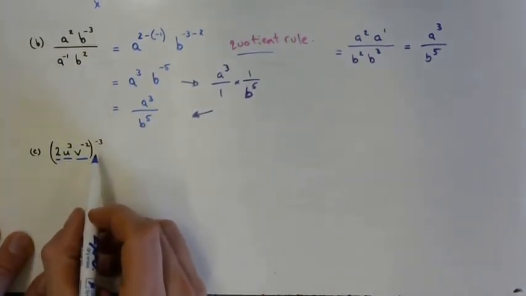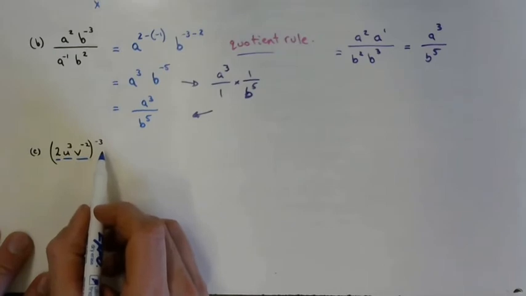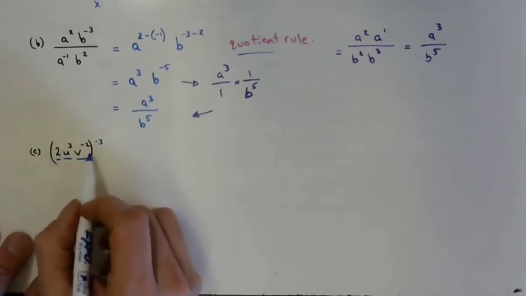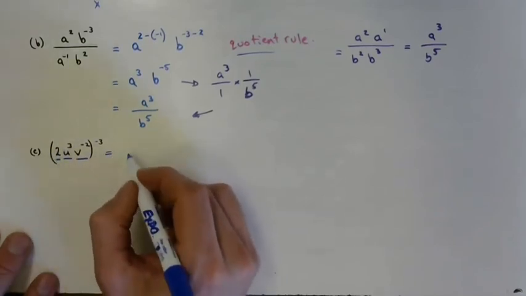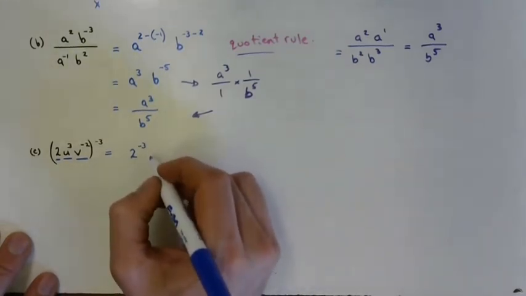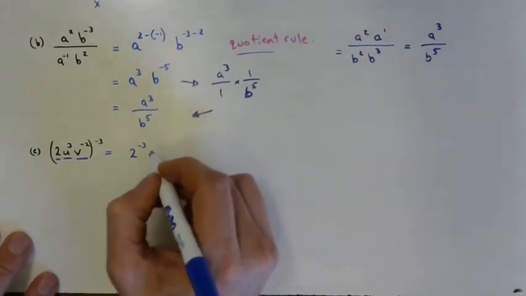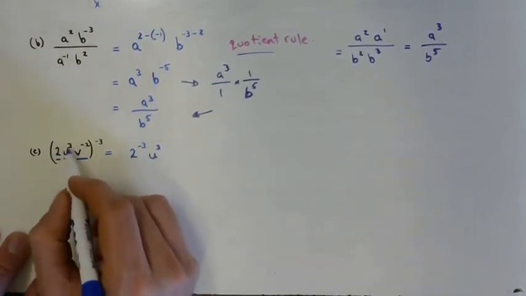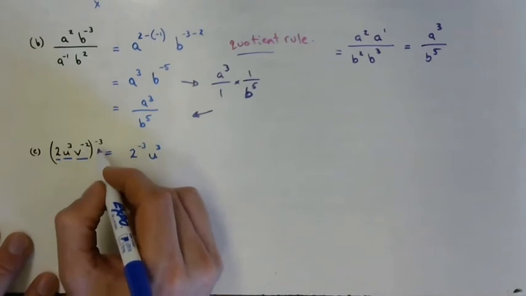What does that mean? That means that this to the power of negative 3 is again going to apply to each piece, each factor inside our bracket. So we have 2 to the power of negative 3 times u to the power of 3, which is what we're starting with here, 3 factors of u, to the power of negative 3.